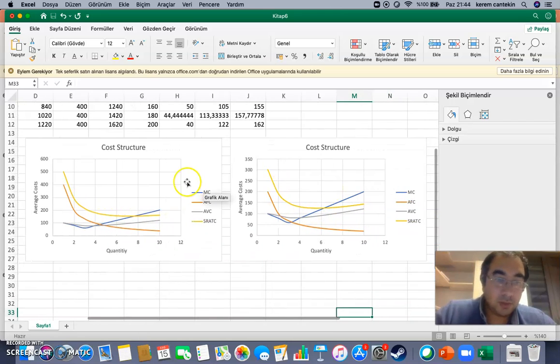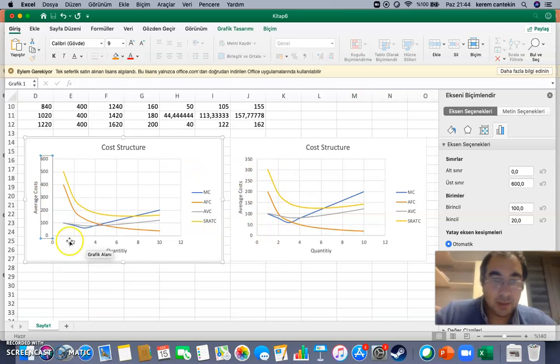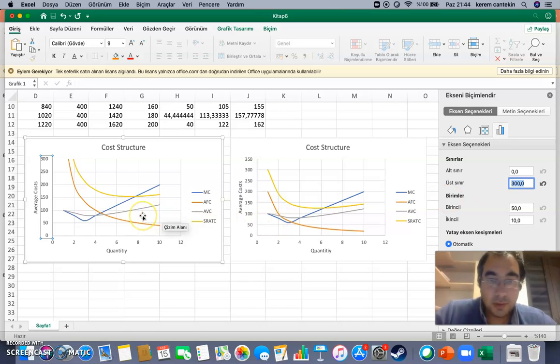And if you want, you can also see what happens at these boundaries, 350 basically, by putting here 300. Basically, as you see, the short run fixed cost has moved up, and the short run average total cost curve has also moved up.